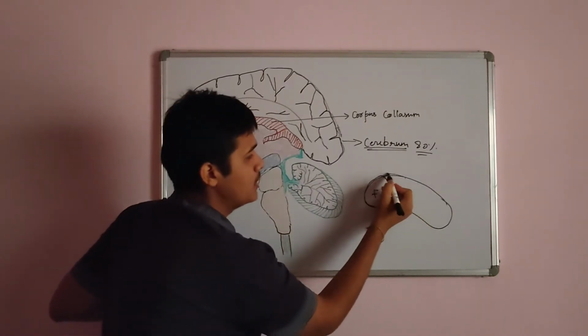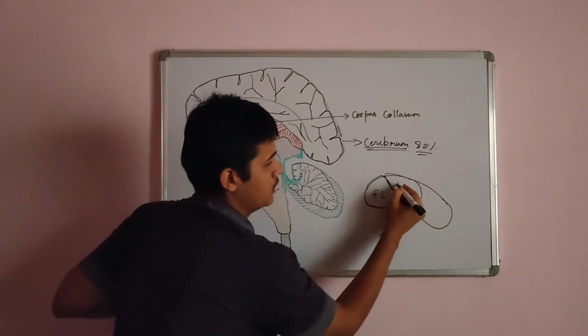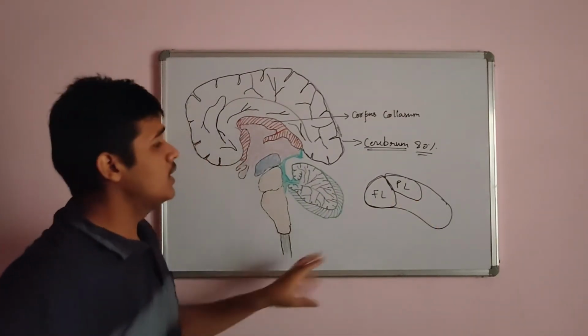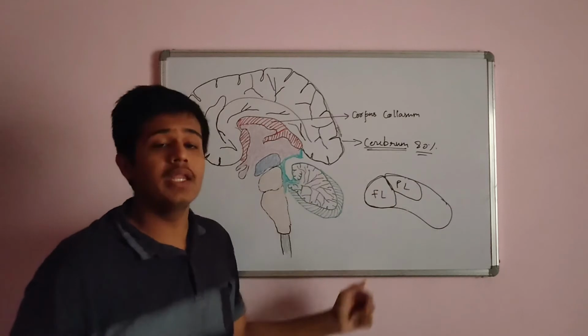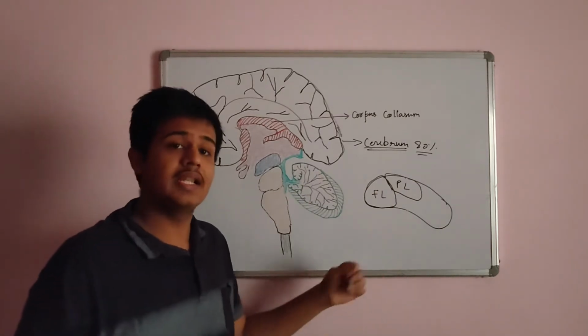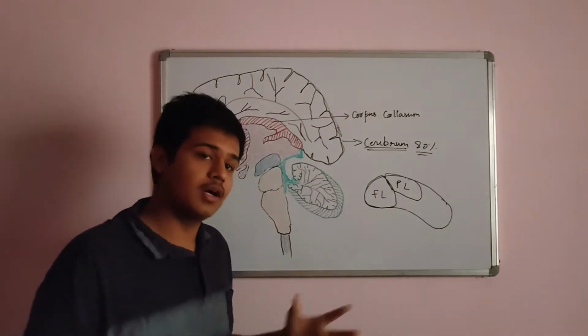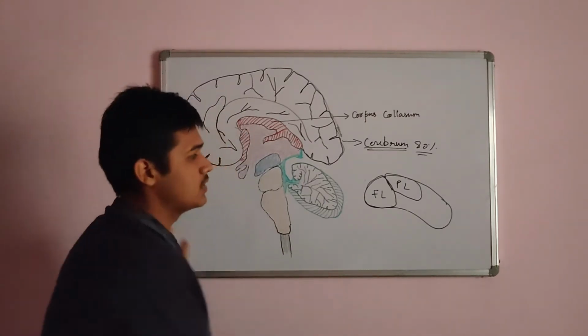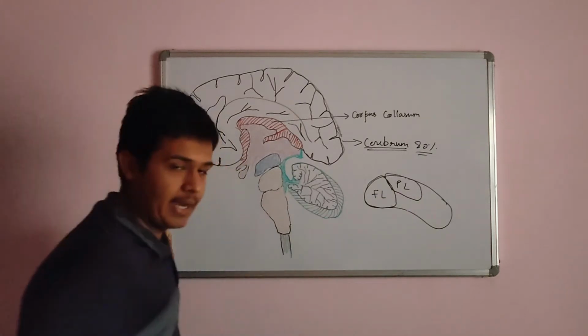Behind this frontal lobe is the parietal lobe. This parietal lobe is the main area for sensation, like touch, hot, cold, pressure and pain. All this is controlled by the parietal lobe.